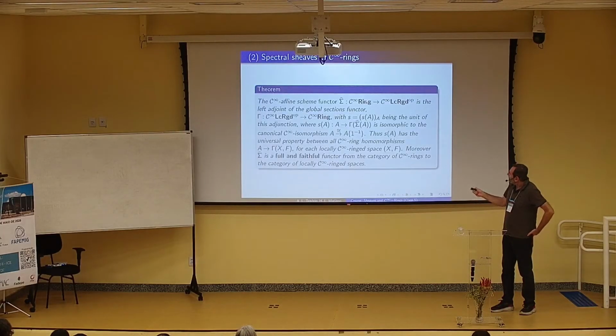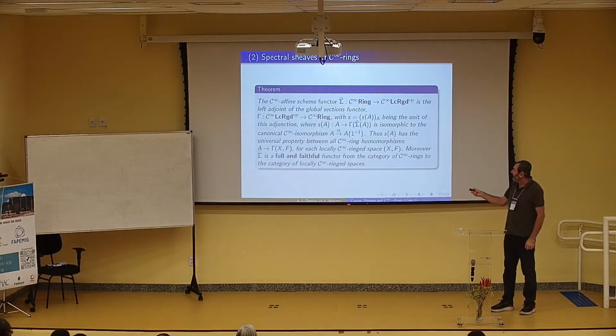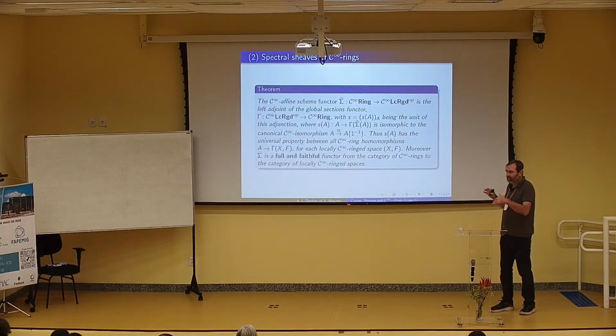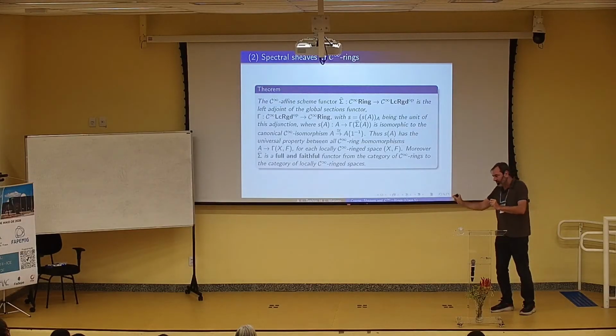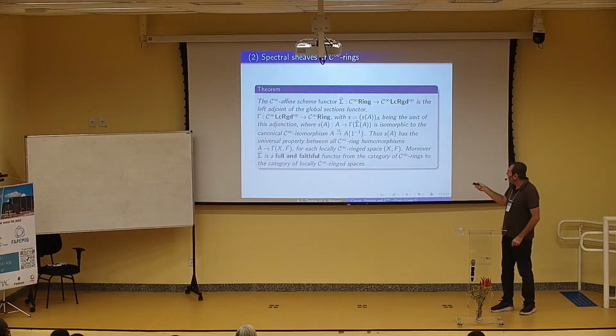Tá, então, o resultado que resume tudo isso é dizer que a gente tem um funtor sigma chapéu dos anéis sem infinito nos espaços localmente anelados, que são, os morfismos aqui são pares, né, formados por uma função contínua entre os espaços de base numa direção, e um morfismo de mudança de base entre os feixes associados a esses elementos sigma chapéu A, né?